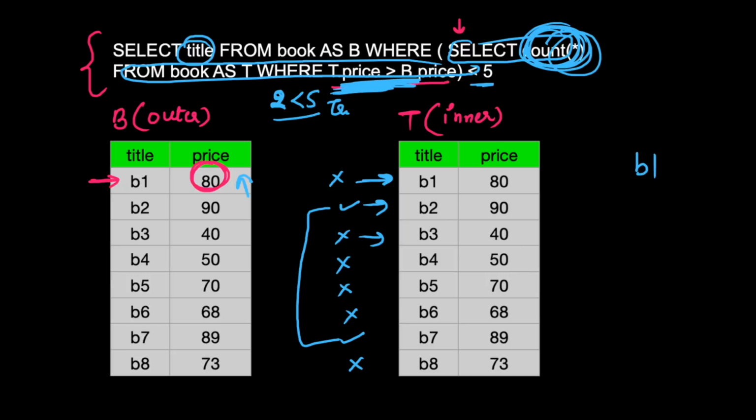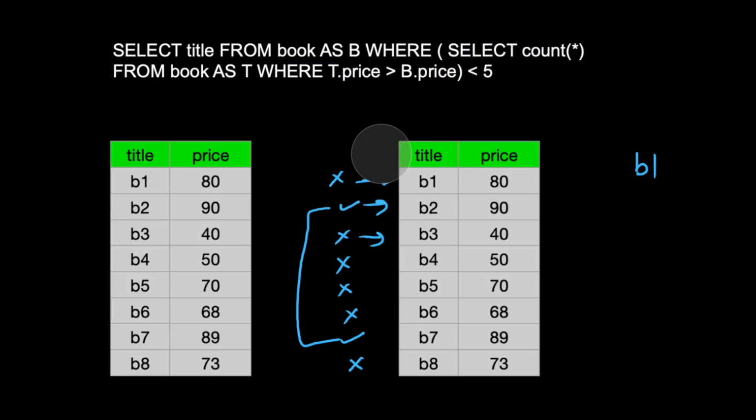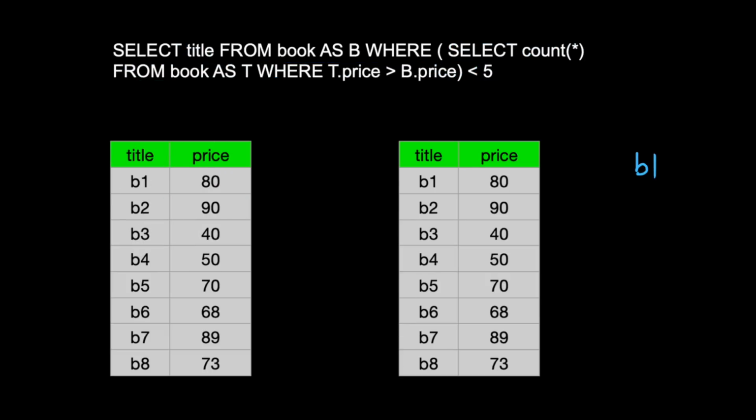Okay, it might be possible that you haven't got this thing, so let me make it clear once again. Fine. So this is the B table. This is the T table. Now let's perform the same thing for the second row. Here we have 90.